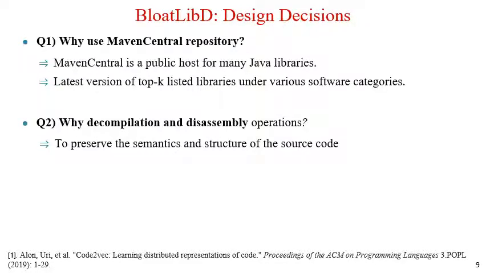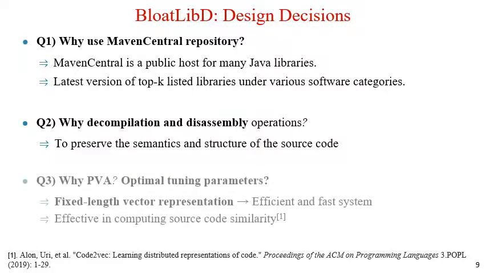Next, why do we use decompilation and disassembly operations? I've already discussed that they remain unaffected by obfuscations because they preserve the semantics and structure of the source code. Then why PVA? Because it represents the source code in the form of fixed-length vector representations, which is a very efficient and fast method to store and work with source code, for example when we need to search for similar source code.